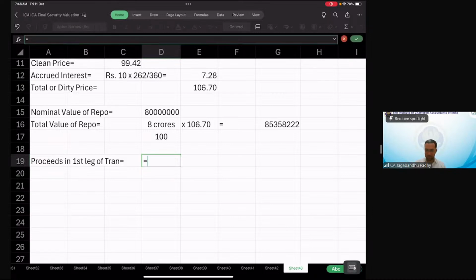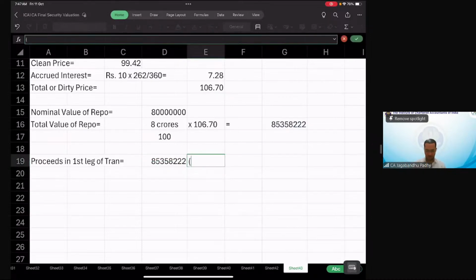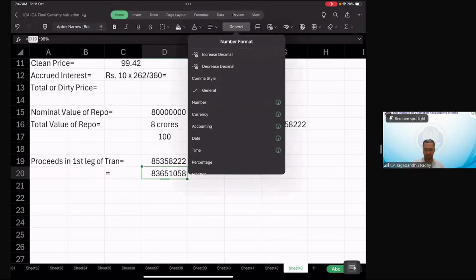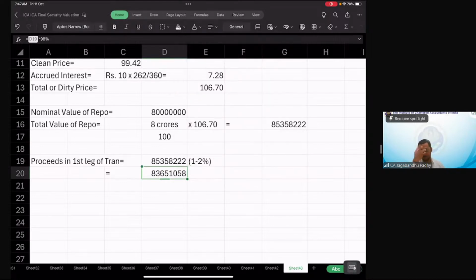So this amount multiplied by 1 minus 2%, that is, multiplied by 98%. So we are going to receive 8 crore 36 lakh 51,058. This is the amount that you are going to receive under the first leg of the transaction.